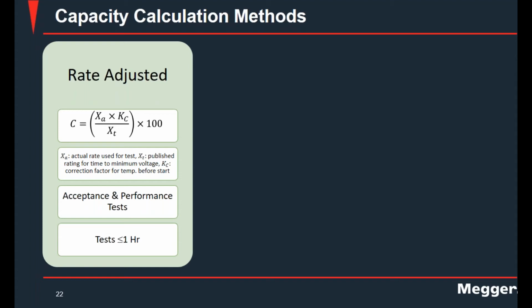So this is recommended for acceptance and performance tests of less than 1 hour. Usually, at least for the substation world, you don't have such short durations, so this calculation method is not as common. Correction factors are also provided by the standard, by IEEE 450.